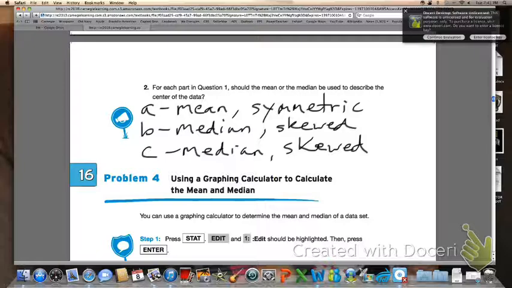If it's skewed right or if it's skewed left, you're always going to want to use the median because that is going to be closer to the rest of the data, the values in the data that you see. The mean is going to lend itself to either go left or right toward that extreme value, and therefore not be the correct measure of center to use.